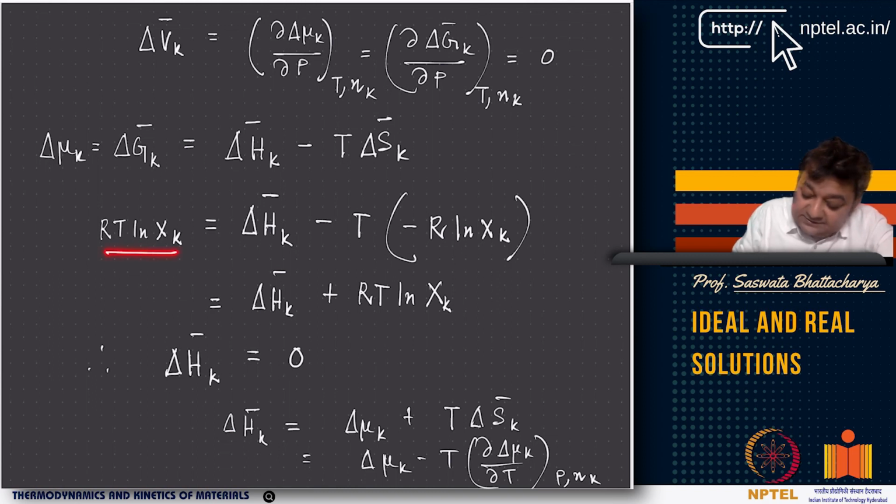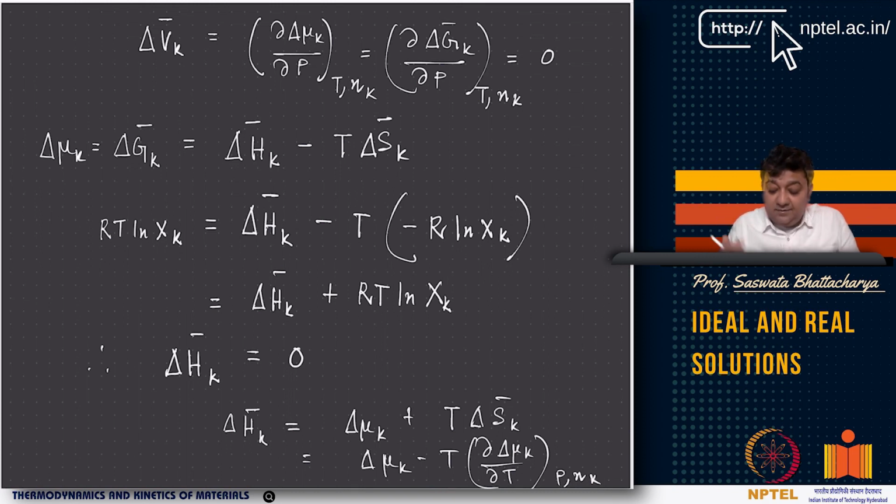This is delta Hk bar minus T times delta Sk bar, which is minus R ln xk, as we have shown. So minus and minus becomes plus, and this becomes plus RT ln xk, and here also RT ln xk. So delta Hk bar, the change in partial molar enthalpy of component K due to mixing, is equal to 0.